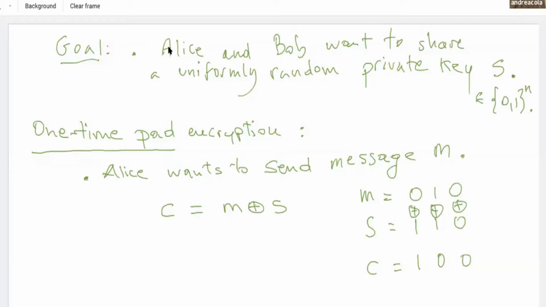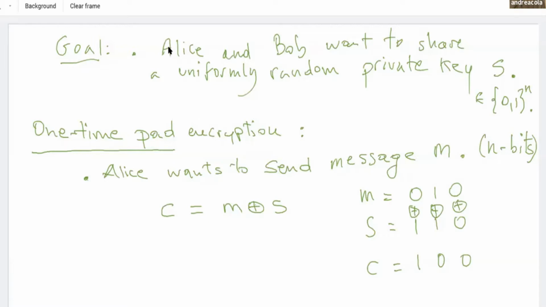If Alice wants to send a message M of n bits, and the string S is also n bits, Alice creates a ciphertext C by taking the bit by bit XOR of M and S, like I did here in the example.